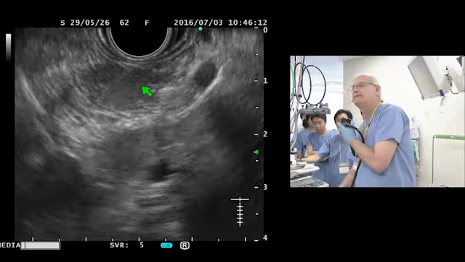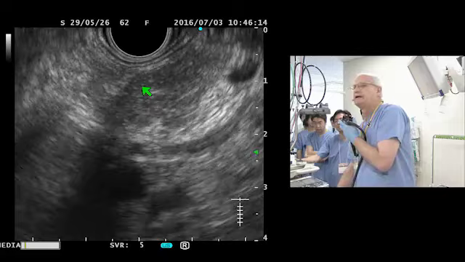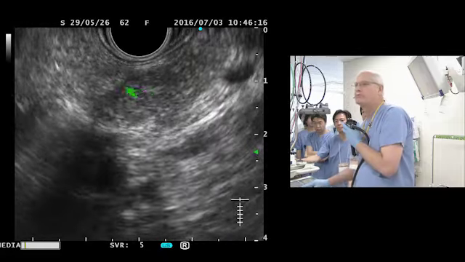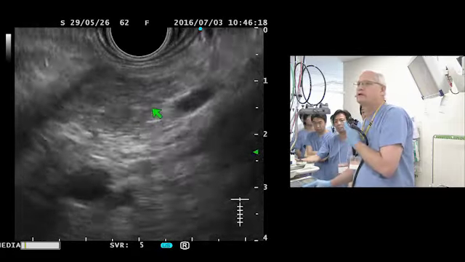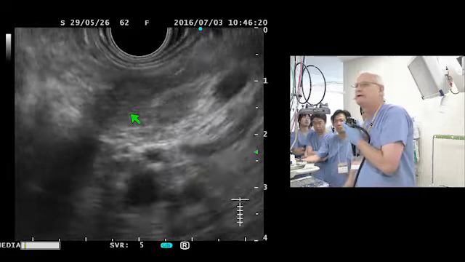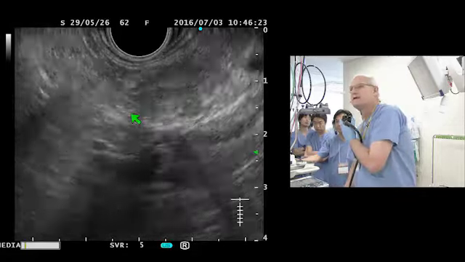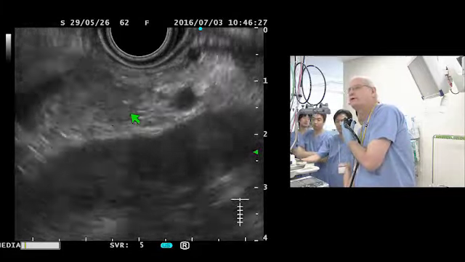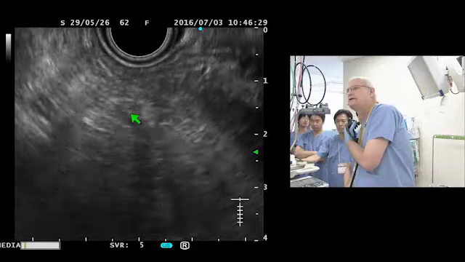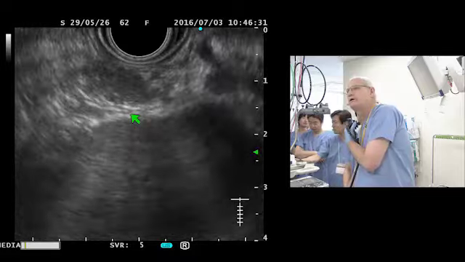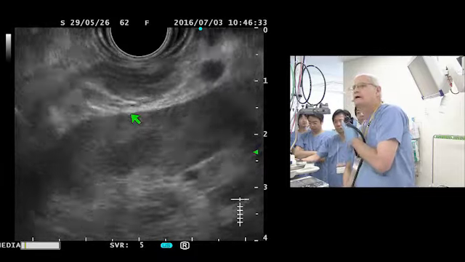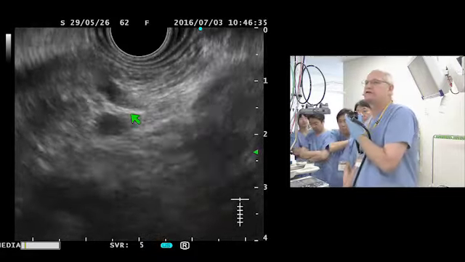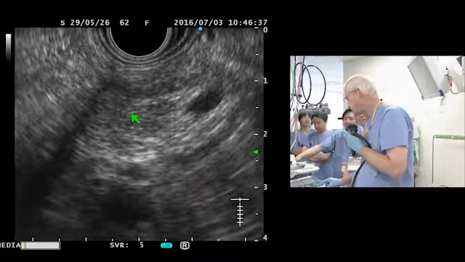This is not a normal gland. It's got a very irregular outer border to it, which is sort of a finding of lobularity. There are 9 total criteria that I look for, and I found at least 5 of them so far. So I believe that this gland is consistent with chronic pancreatitis.